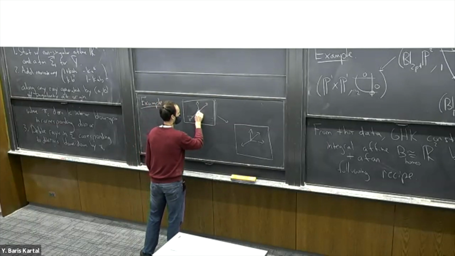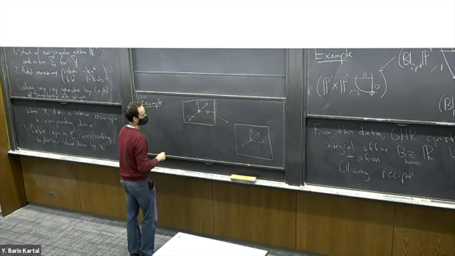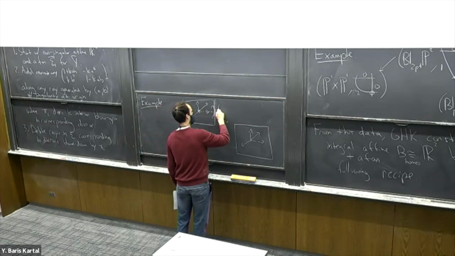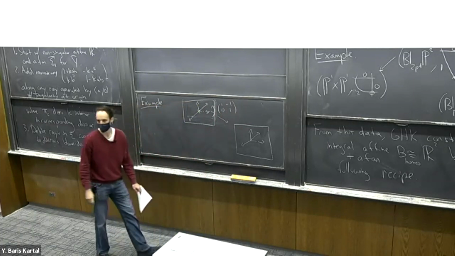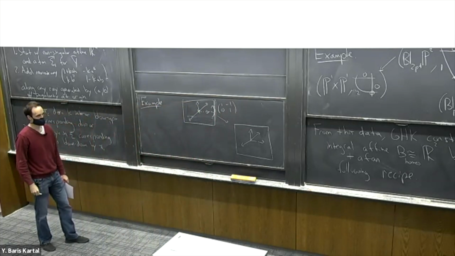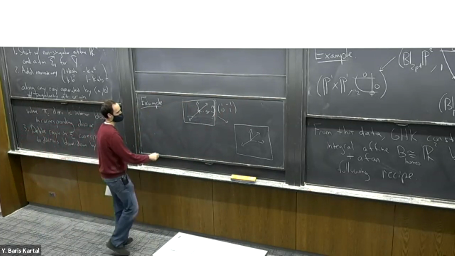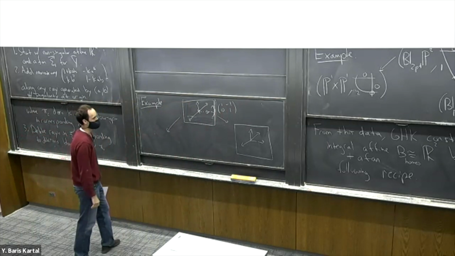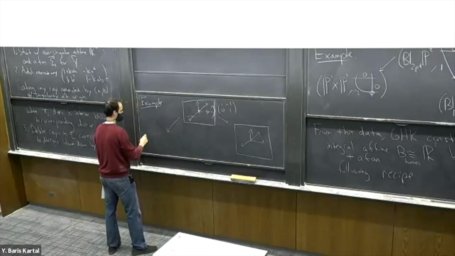And I remember that there's a ray here that's parallel to this. But now I draw some dashed line here. And when I cross this dashed line, I do the transformation like this to the integral affine structure. Okay. And when I blow back down, in this case, I just forget that there was a ray here.